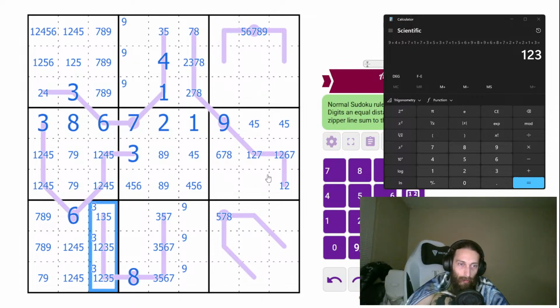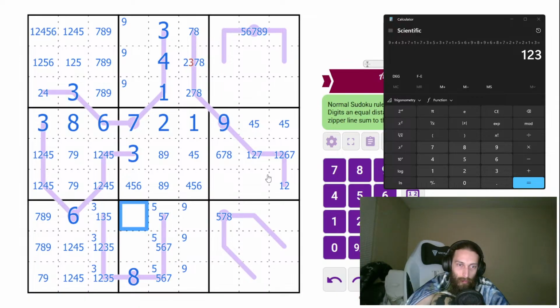Well, if I have to have a 3 as one of these, then I have to have a 5 as one of those, which means this is a 3. 3 pairs with 4 on the 7 zipper.